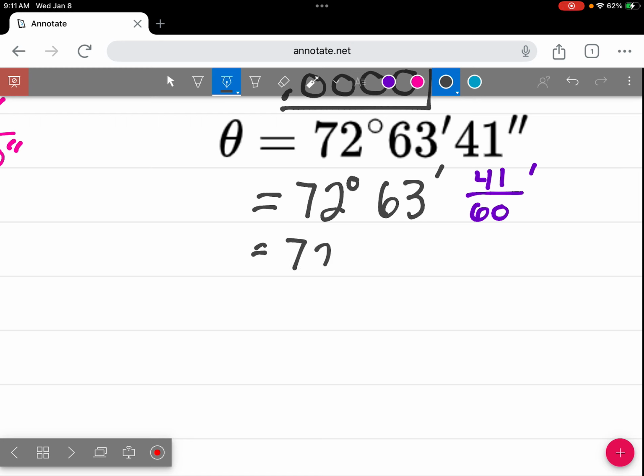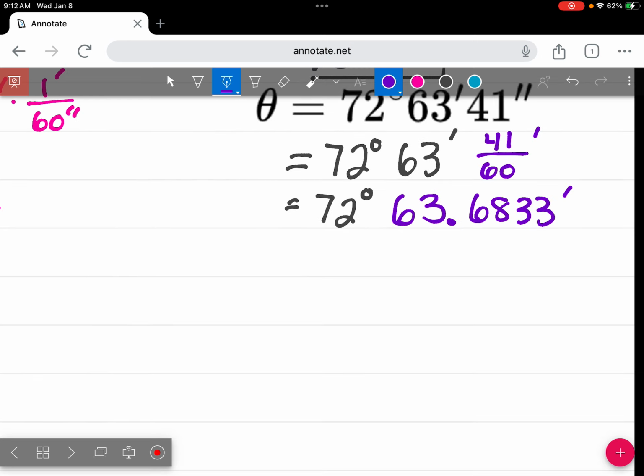So our 72 degrees. And what is our minutes as a decimal? 6833 minutes. Converting it back to degrees, what are we going to get? 613.